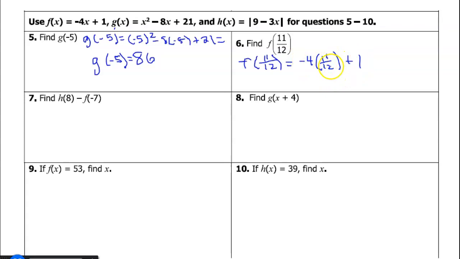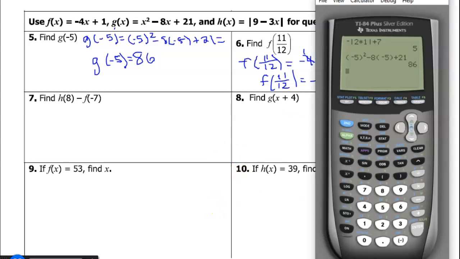Now I already see something here. I can do that cross division. So this would be -1 times 11 over 3. Okay, so f of 11 over 12 is the same as -1 times 11 over 3 plus 1.